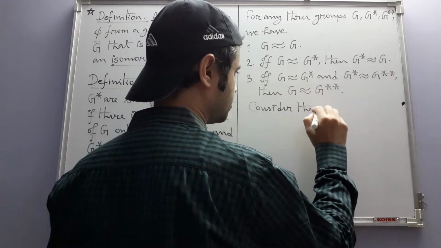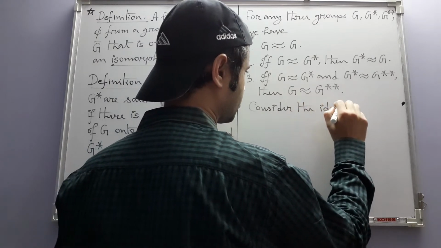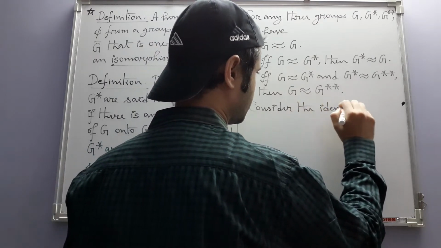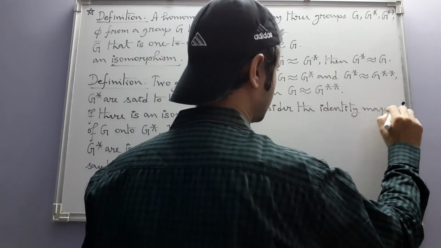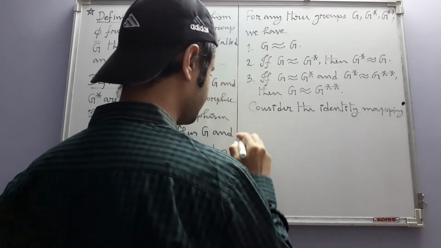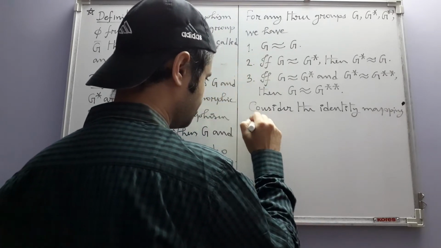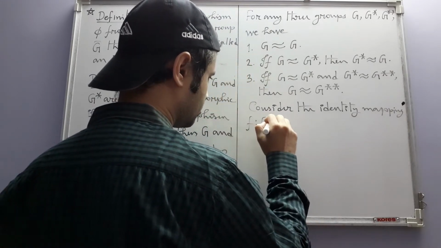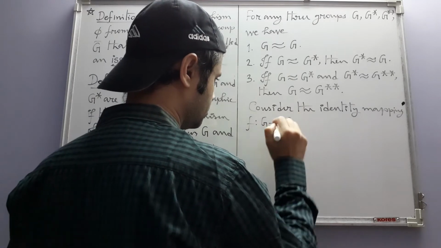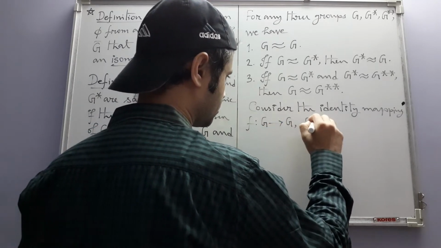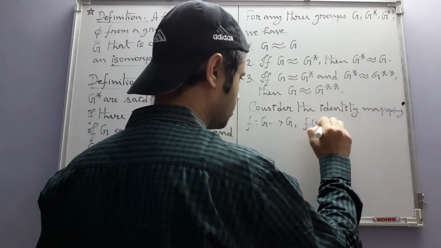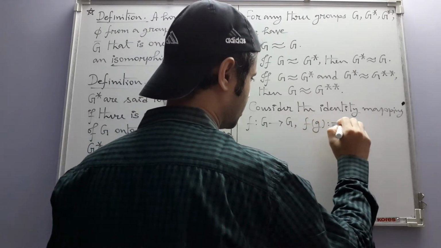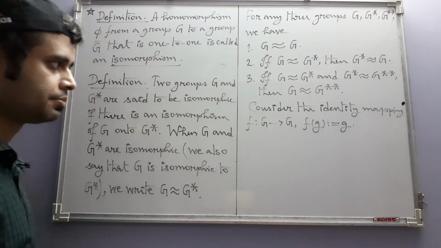Consider the identity map or identity mapping F from G to G. By definition, this is given by this formula.